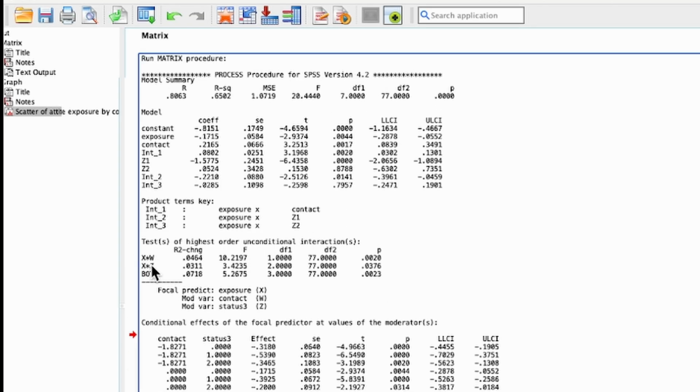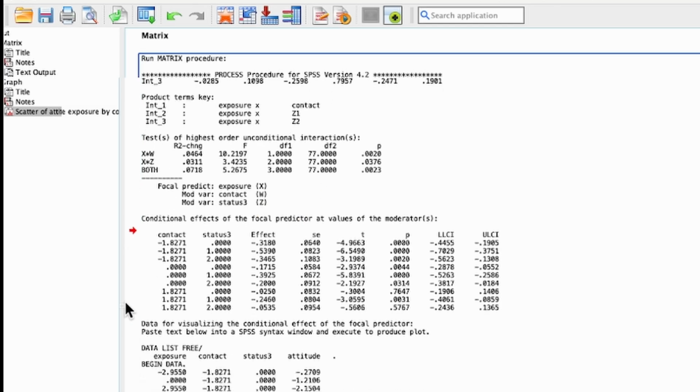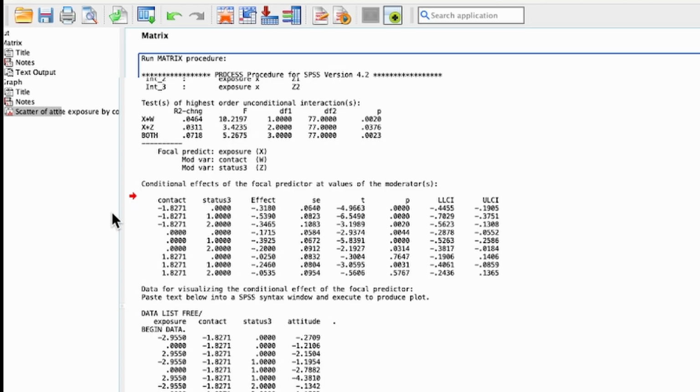Again, we also see that R squared changed, tested here in the test of the higher order unconditional interactions, and this is essentially an F-test performed on this, again indicating that we have some significant interactions here. And then we get to our conditional effects.